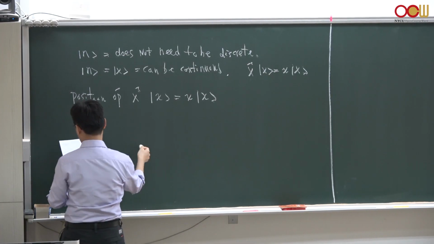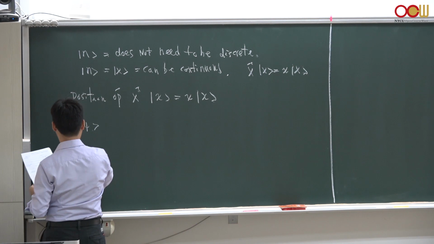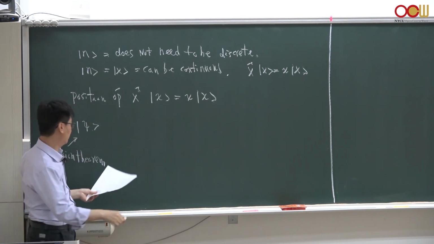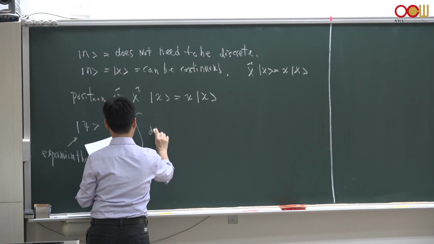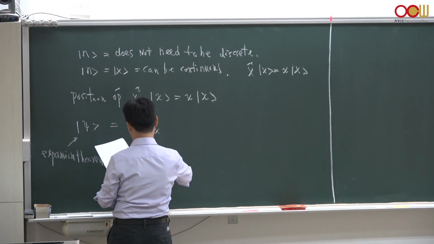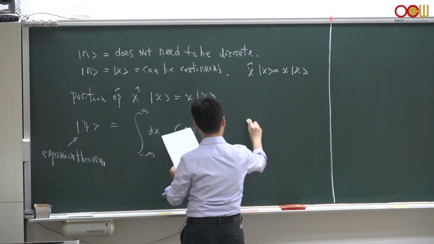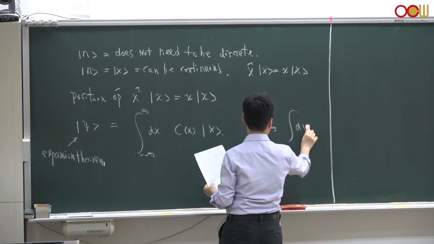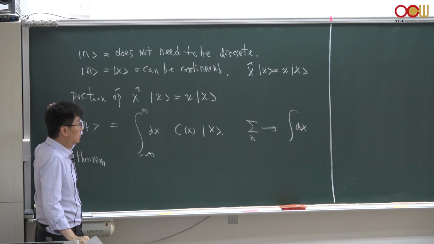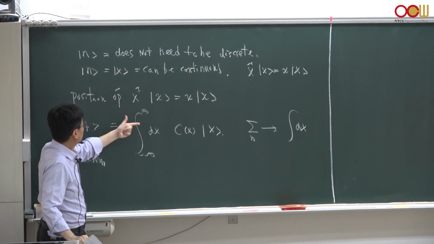This is obvious, but something which is not obvious is that this expansion theorem can be extended to this continuous eigenbasis, where you consider an integral rather than a sum over this eigenstate. In other words, the sum over n becomes an integral over x when we take this continuous eigenbasis to be the eigenbasis of the position operator.